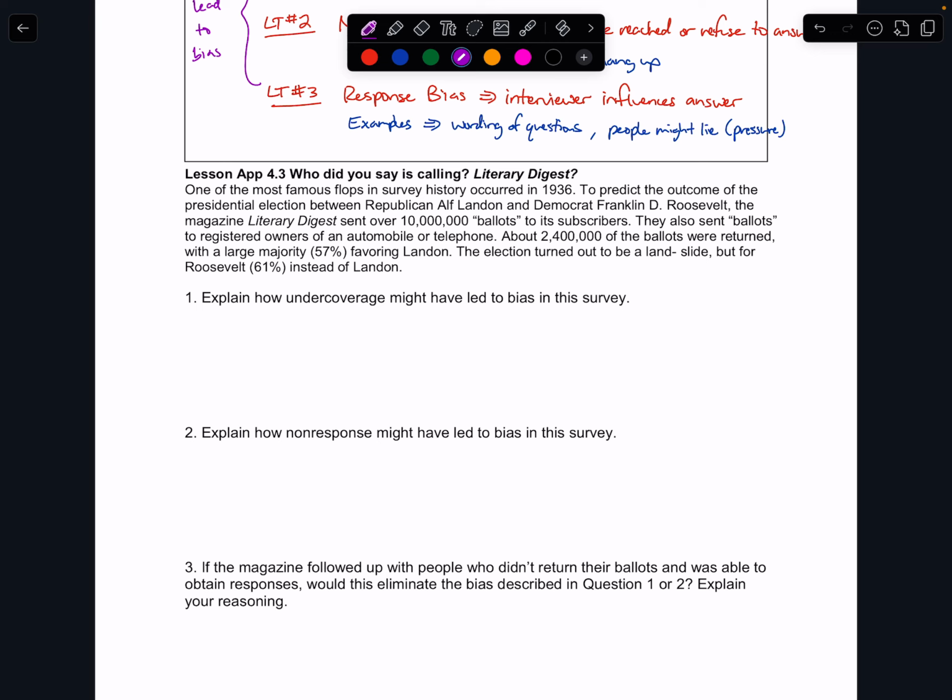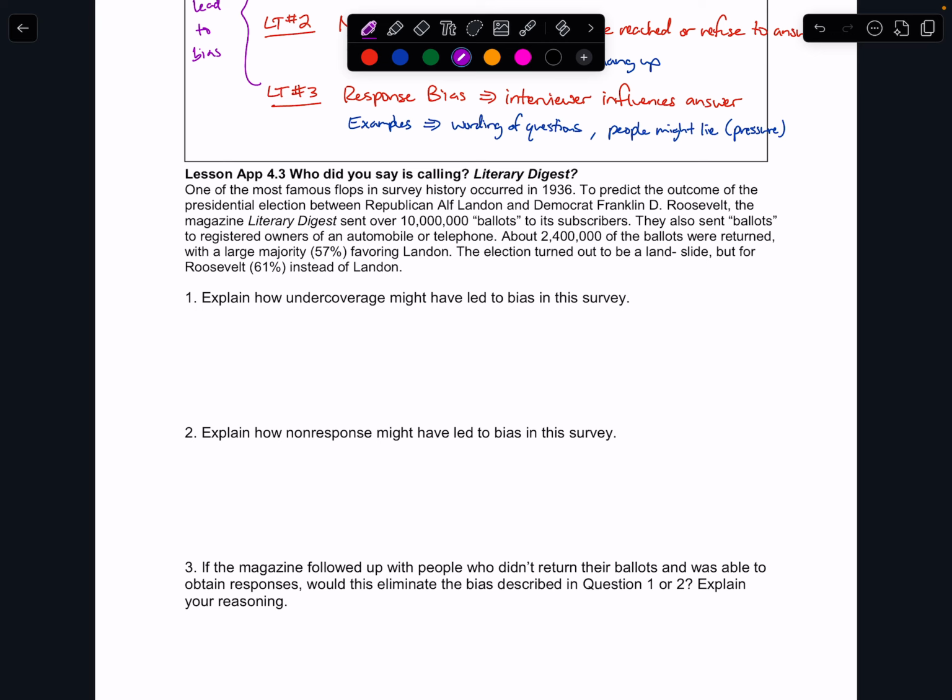It says, one of the most famous flops in survey history occurred in 1936 to predict the outcome of the presidential election between Republican Alf Landon and Democrat Franklin D. Roosevelt, also known as FDR. The magazine Literary Digest sent over 10 million ballots to its subscribers. Quote unquote ballots, right? Not real ballots, but just to get an idea. They also sent quote unquote ballots to registered owners of an automobile or telephone.